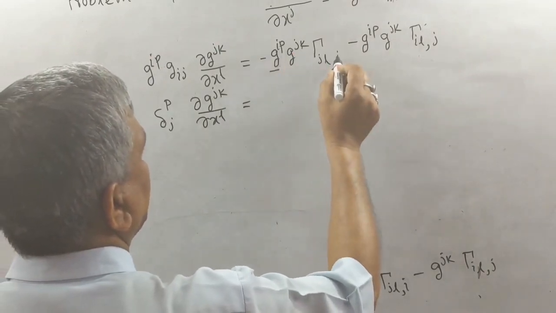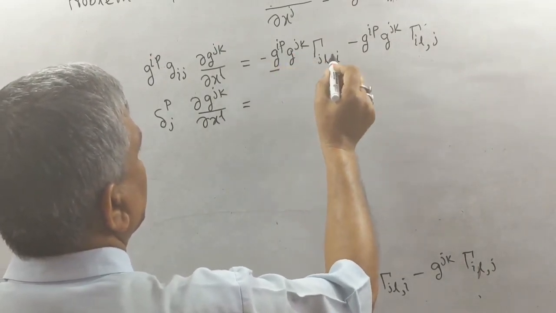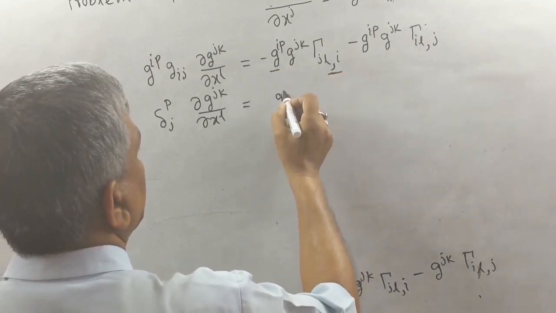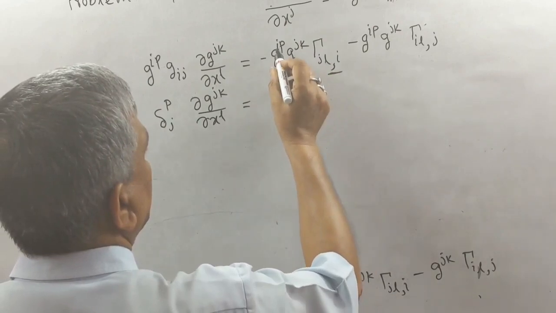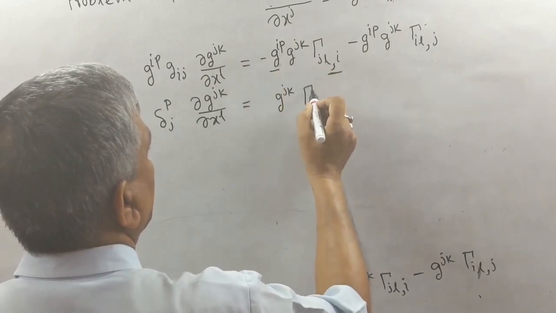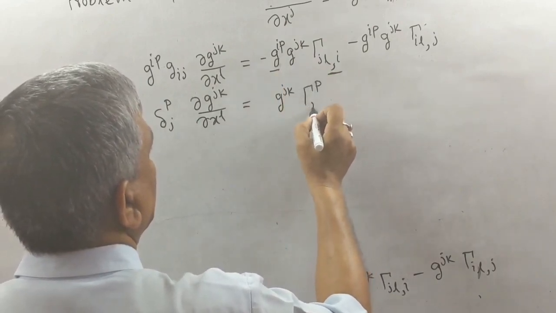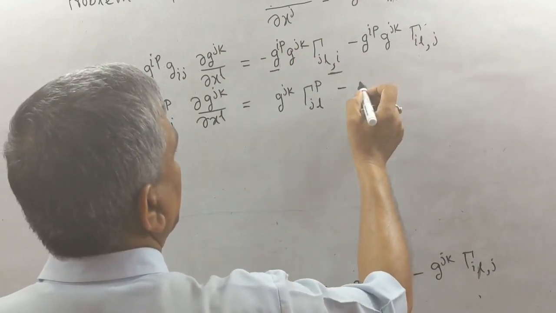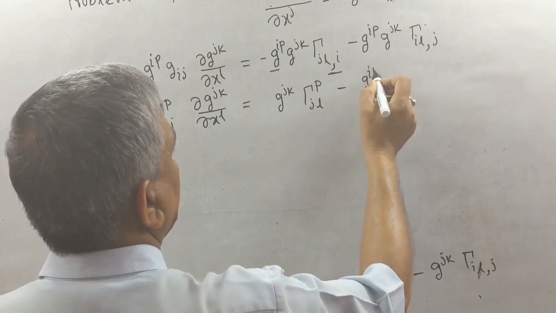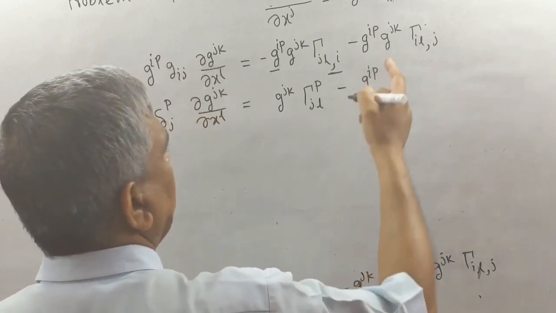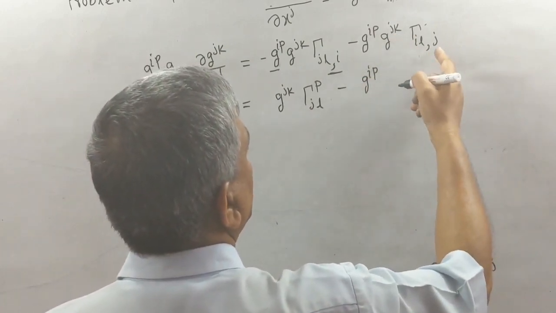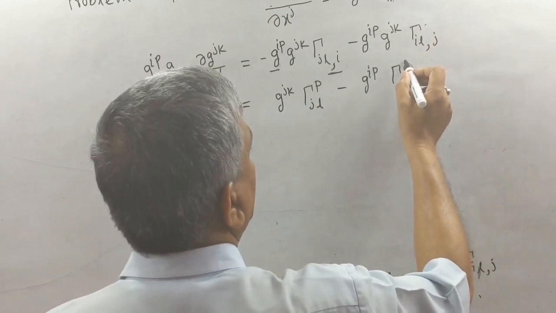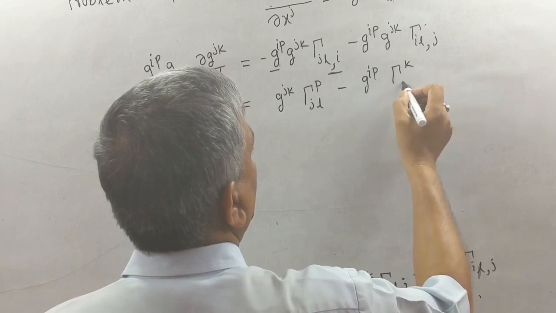So i dummy suffix. So this makes, firstly we write g_jk, now write [pj,l] minus g^ip. Here j dummy suffix. So this will become Christoffel symbol of second kind, {k, il}.